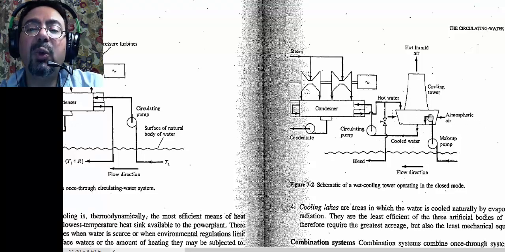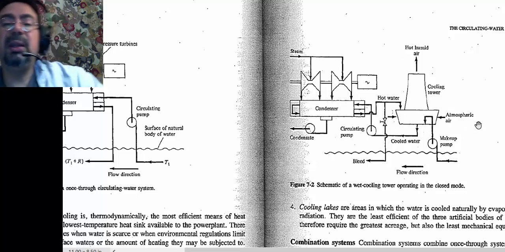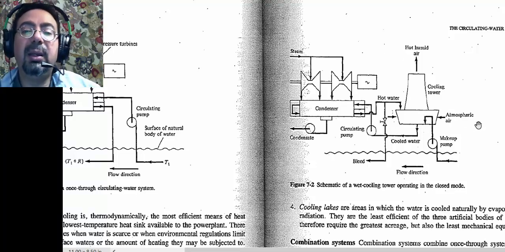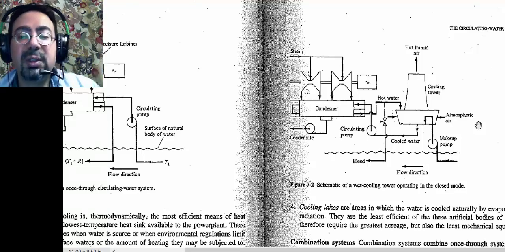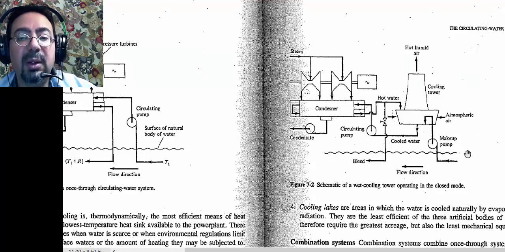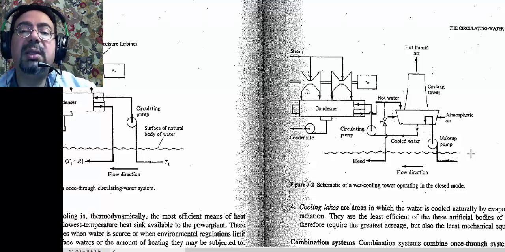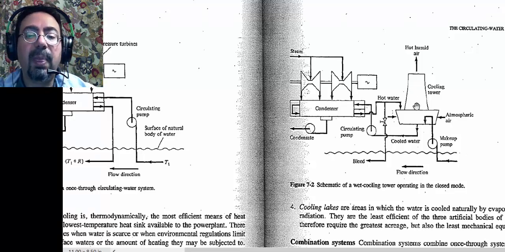Of course, that is a lot of money because you have to build a cooling tower, and usually they are really big. Especially in nuclear power plants, those are huge structures. Why huge structures? Because they want the natural convection to help them, right? And they want the area too. So it's a huge exhaust.